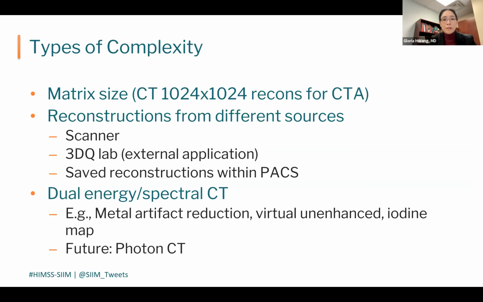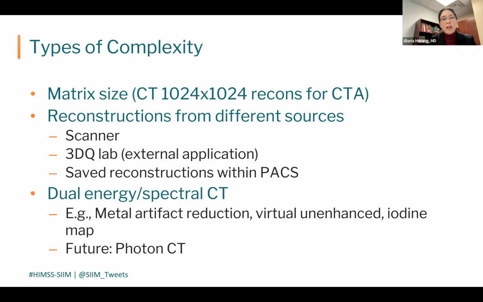One thing we found at Stanford was, in addition to what you might consider basic series, such as axials of different thicknesses, basic reformats such as coronal and sagittal planes, perhaps 3D reformats, that we also had strange complexities mapped into our series names.